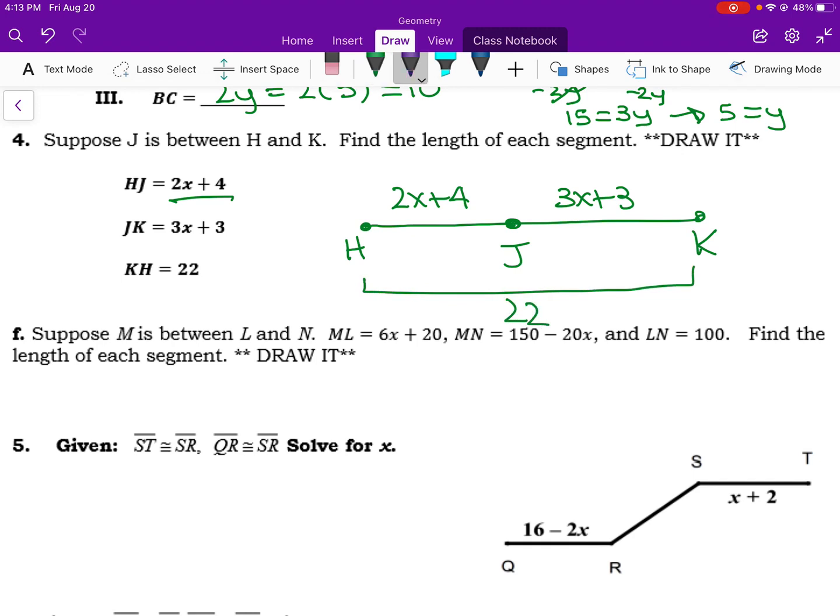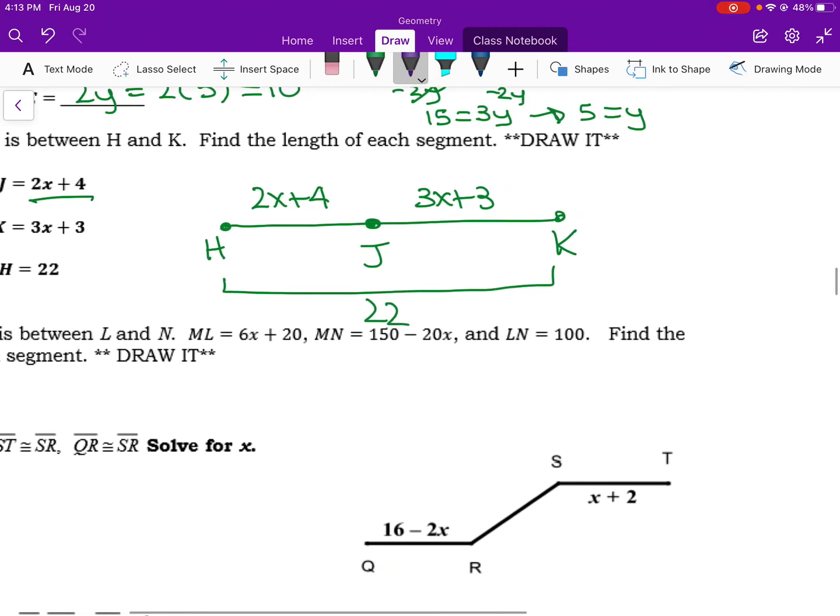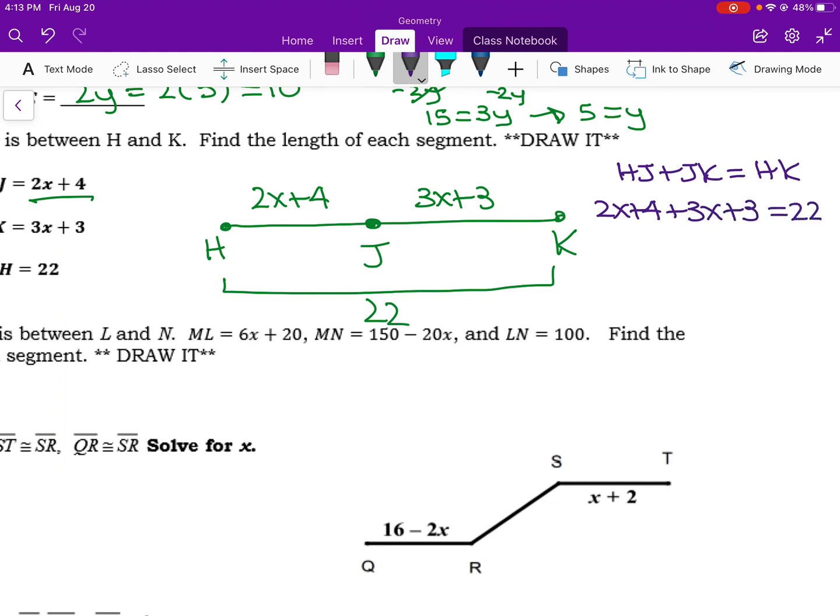So once again, I have all the information that I need to build an equation, right? If I know my line segment, HJ plus JK equals HK, and I'm going to be substituting my information in. So HJ is 2x plus 4. JK is 3x plus 3. And HK I can substitute out as 22.